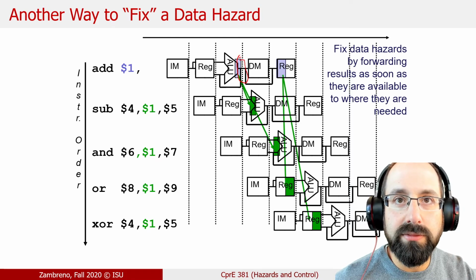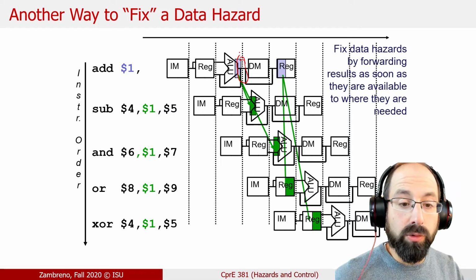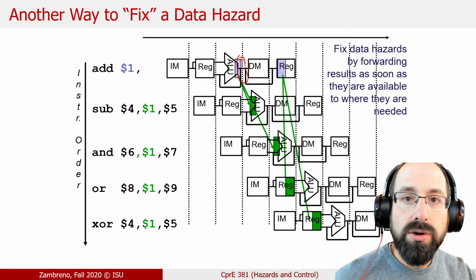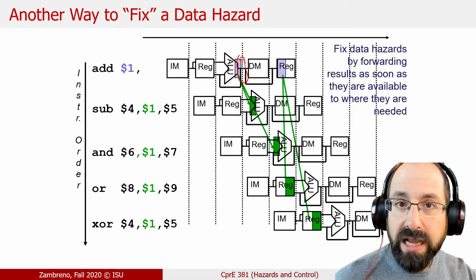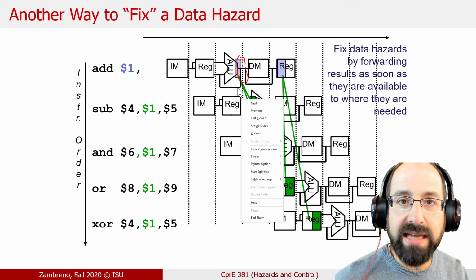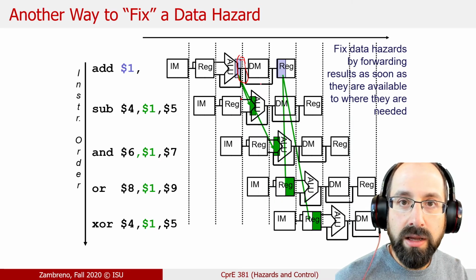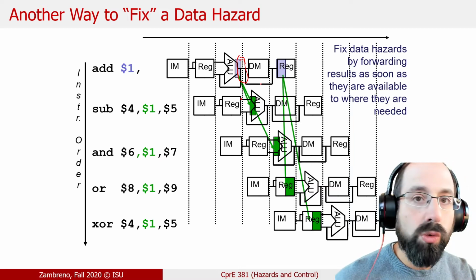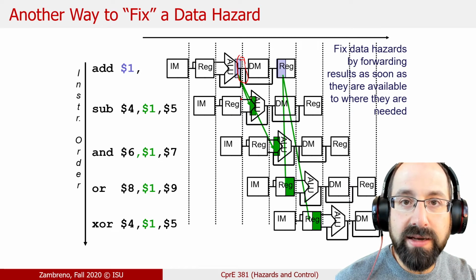That's supposed to be the value. It's knowable. We know what that value is, or it's stored in a pipeline register. We only need the value. We don't actually need the value to be correct right here. It would be ideal, I think, if the value was correct right there at that time point. But we don't actually need to have that value be correct at that time point. We need the value to be correct when it's being fed into the ALU.